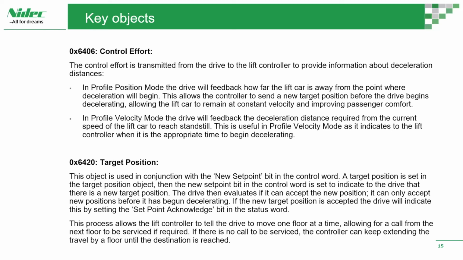If the new target position is accepted by the drive, it will indicate this by the set point acknowledge bit in the status word. This process allows the lift controller to tell the drive to move one floor at a time, allowing for a call from a next floor to be serviced if required. If there are no calls to be serviced, the controller can keep extending the travel basically up to the top destination.